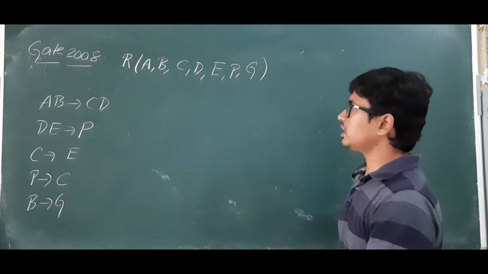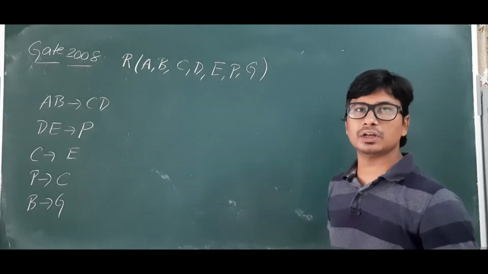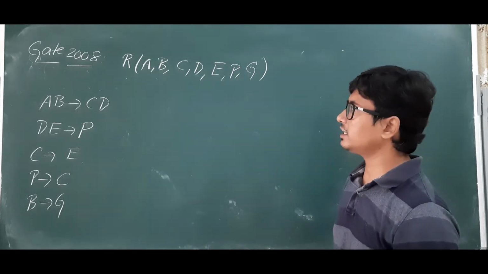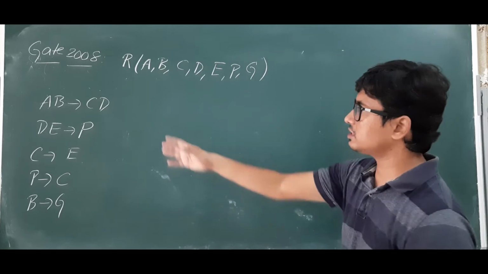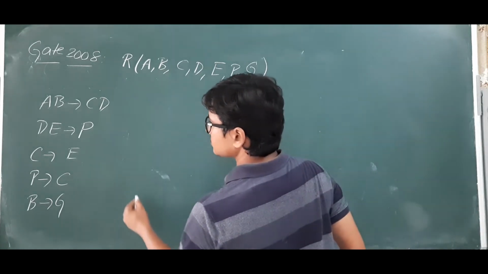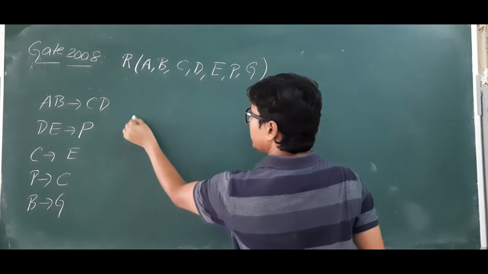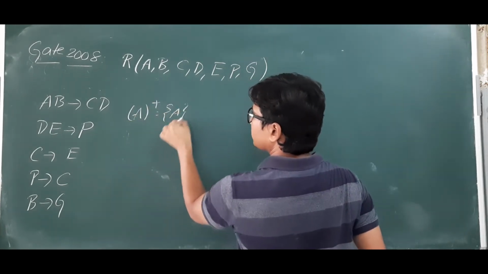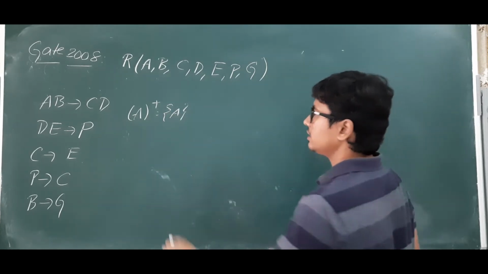Now first, as they did not give the candidate key, we will first find out what is the candidate key for the relation R with the set of FDs. A closure will give me only A, so A is not a candidate key.